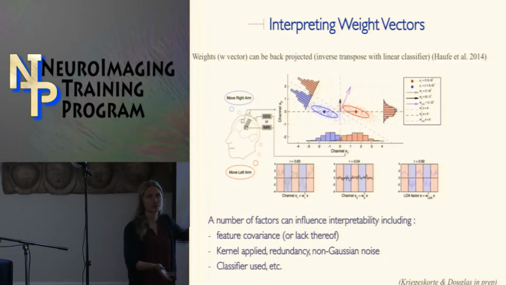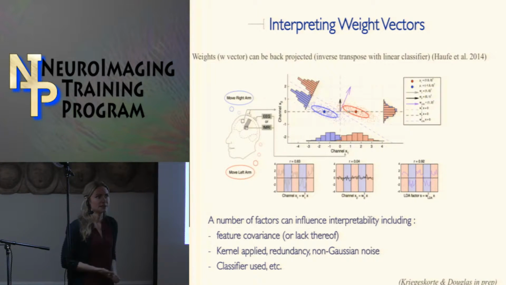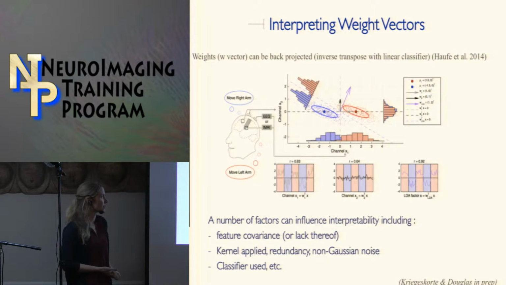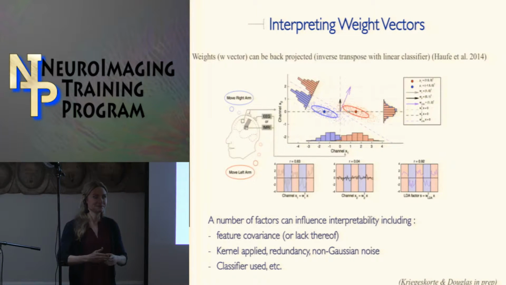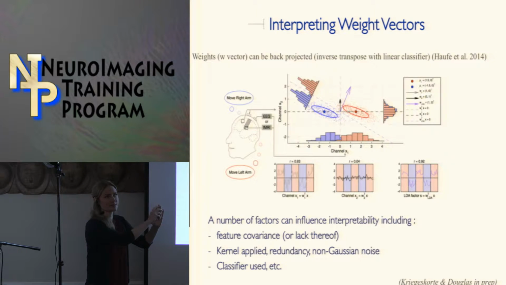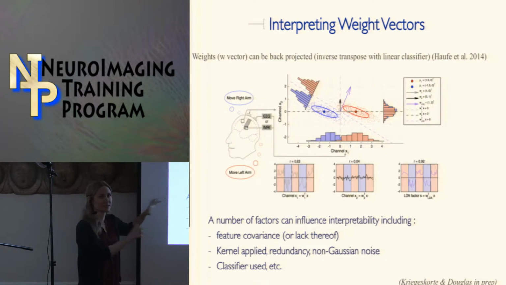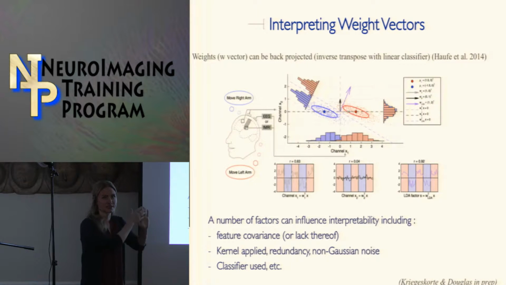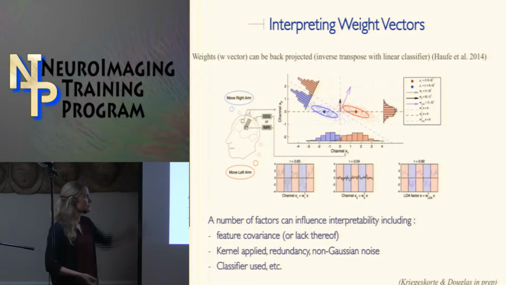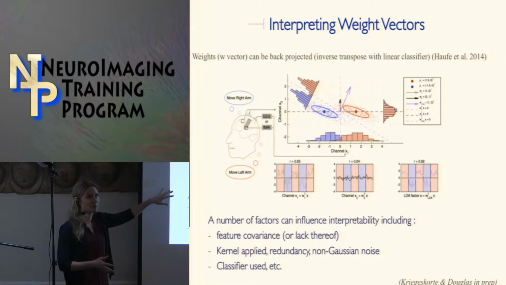Then you can just show the weights if you want to. There's nothing wrong with that, but there are some complications, because if you have a lot of redundancy, the weights assigned to the voxels that actually do contain a lot of information kind of fall off. And so with more redundancy, this becomes very problematic, and how do we interpret these weights?